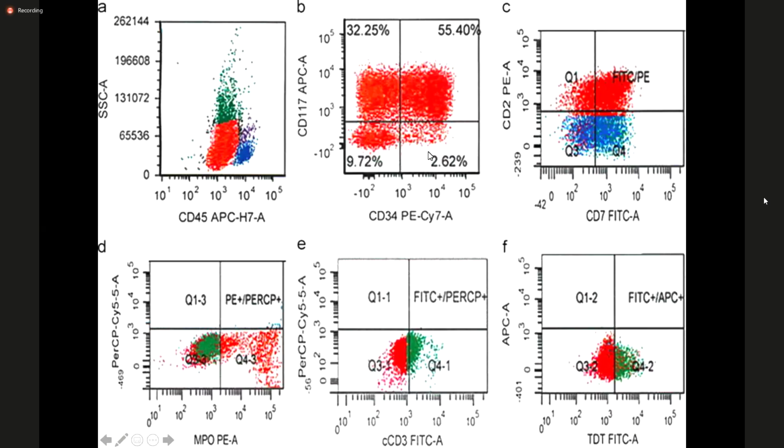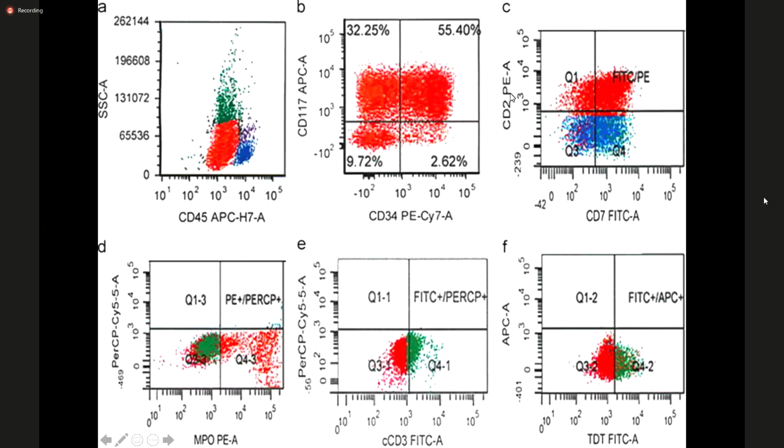Depending on that, we should be able to say whether this is a myeloblast or a monoblast or a lymphoblast. So here this axis is CD2, and this axis is CD7. Here this group of cells is CD7 positive and CD2 negative.